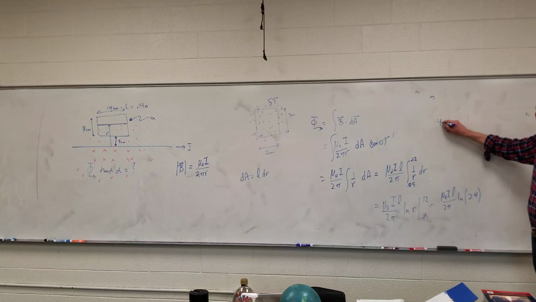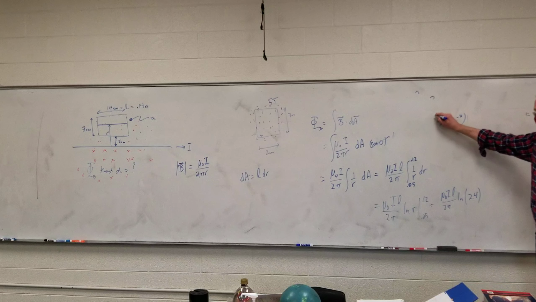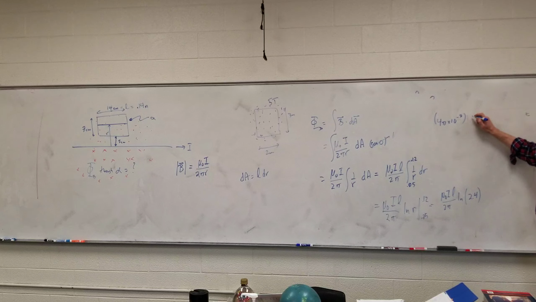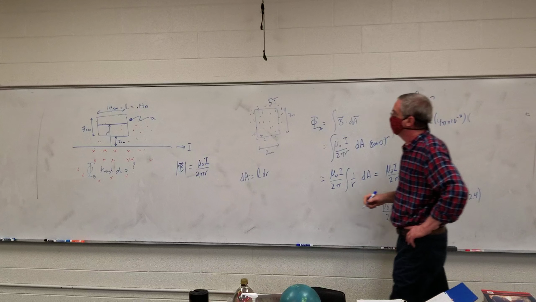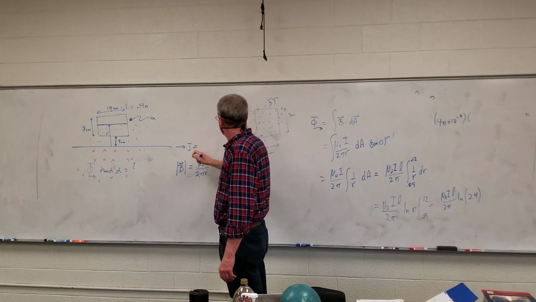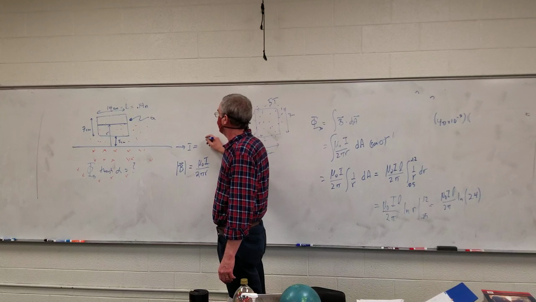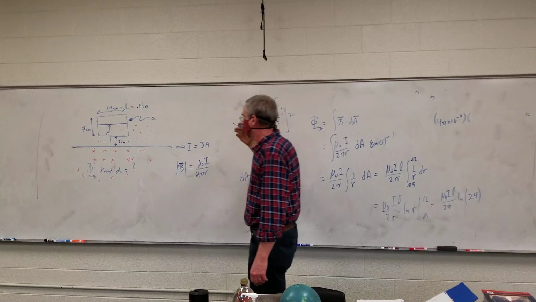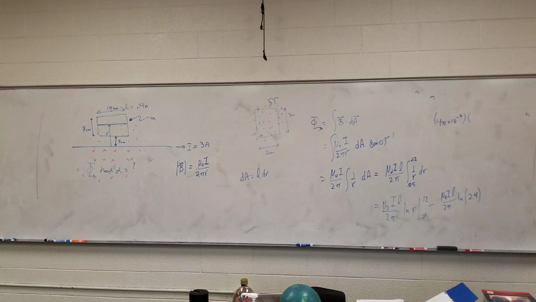So we have 4 pi times 10 to the negative 7th, times my current, which I never gave. Let's make it 3 amperes, times my length, which is 0.14 meters, divided by 2 pi, times the natural log of 2.4.